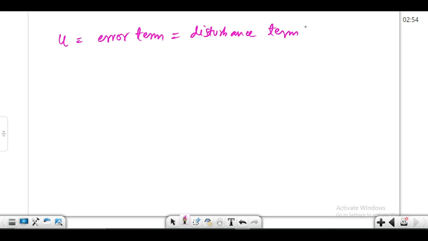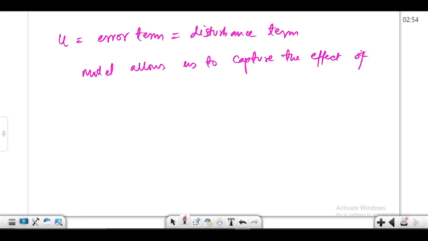So other than the variable that we are actually concerned with, all the other variables that might be affecting our dependent variable, their impact is being captured by u. So the model allows us to capture the effect of other factors or variables through u.